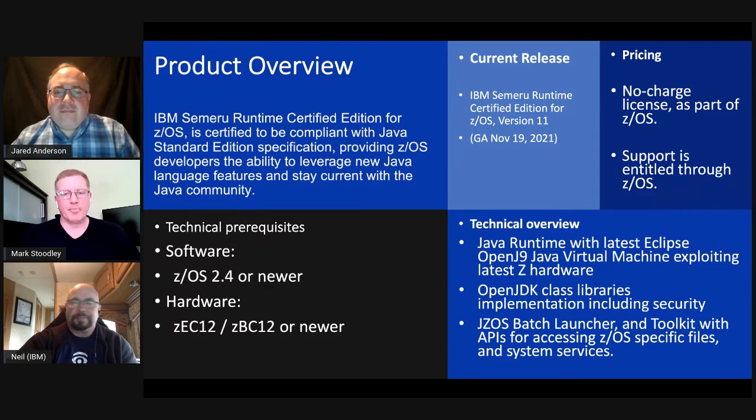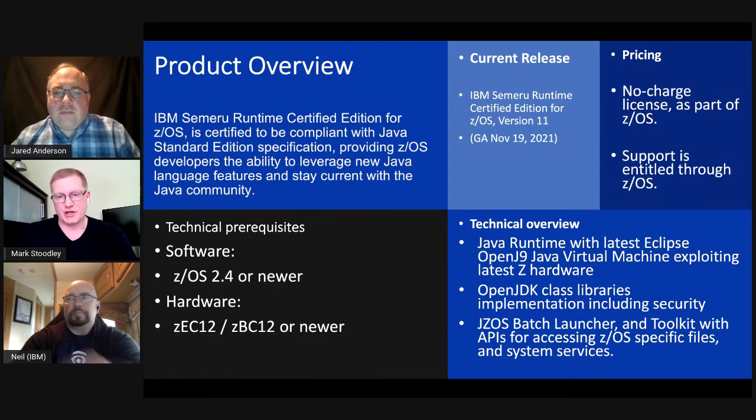All right, so on the z/OS platform, this is essentially the same thing as we've released on other platforms. It's just been tailored now for operating in z/OS. It uses the latest OpenJ9 Java Virtual Machine, which exploits the latest Z hardware. It includes the OpenJDK class libraries implementation, including the OpenJDK security implementation.